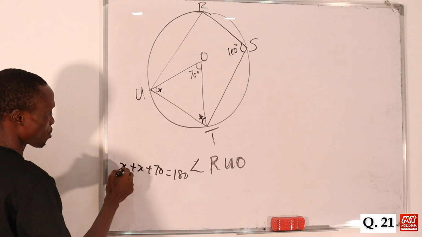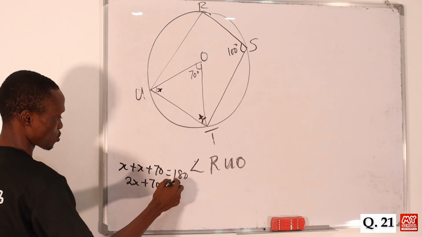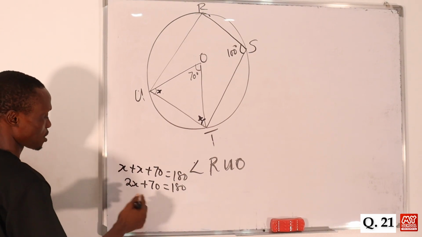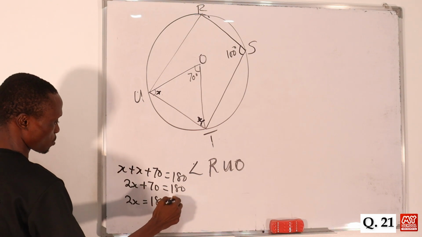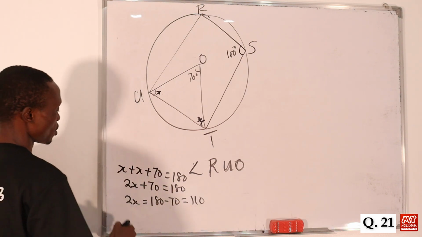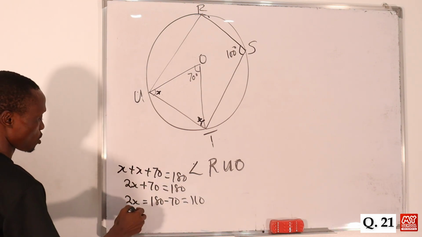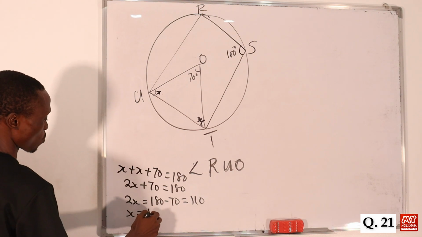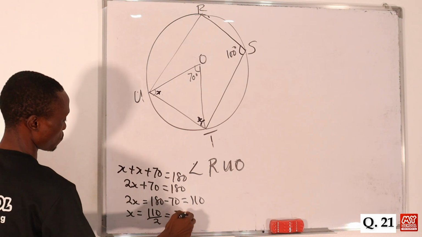So 2X plus 70 is equal to 180. We collect like terms: 2X will be equal to 180 minus 70, which equals 110. Since we are looking for X, not 2X, we divide both sides by 2, so X is equal to 110 divided by 2, which equals 55 degrees.